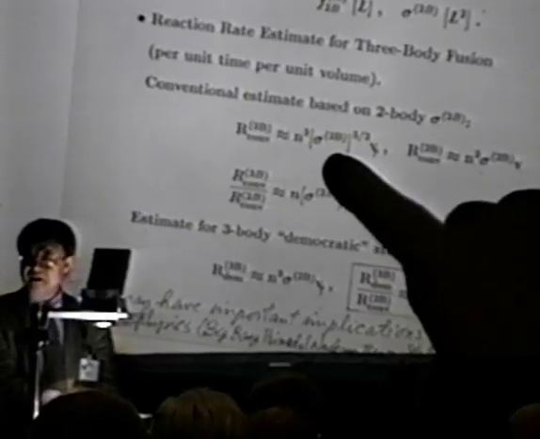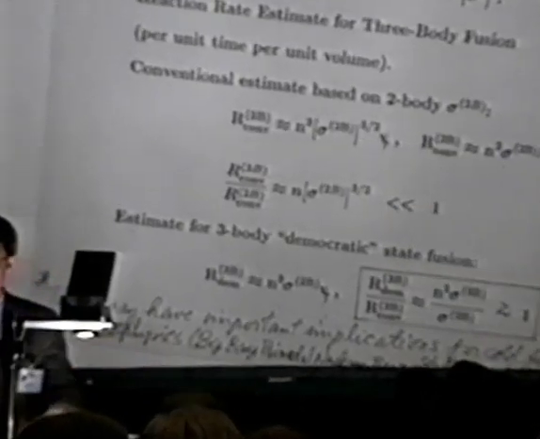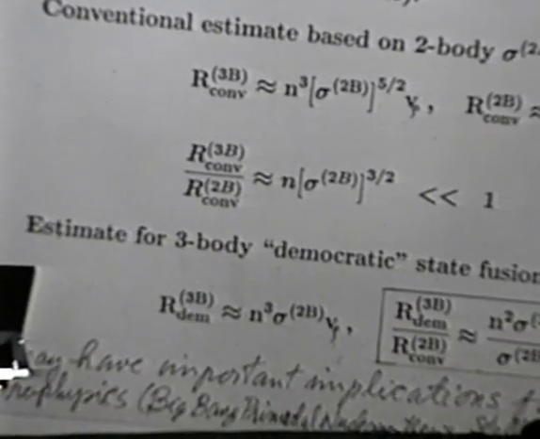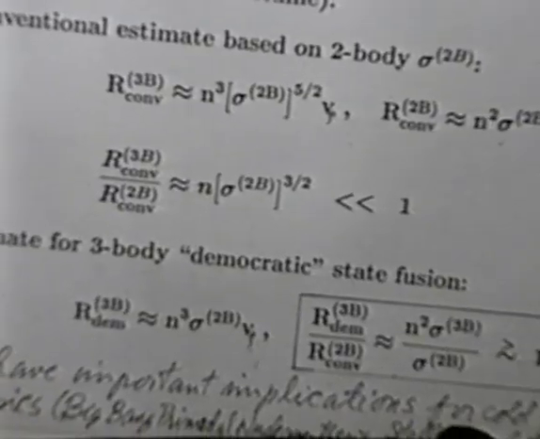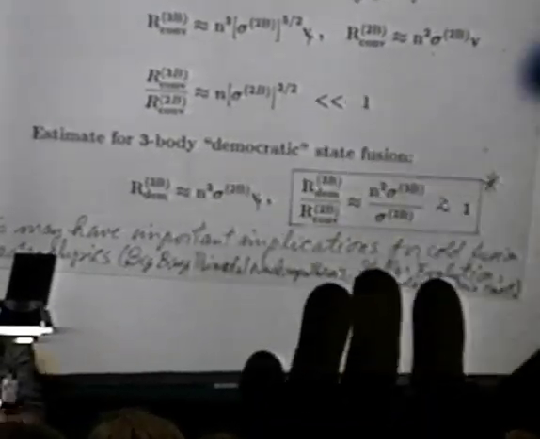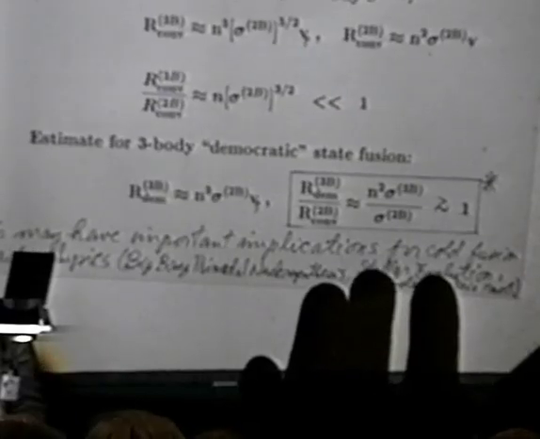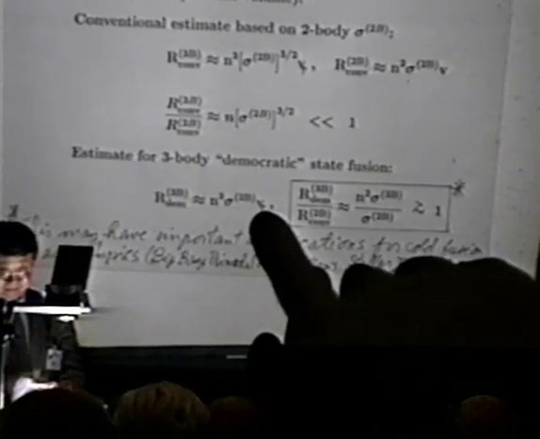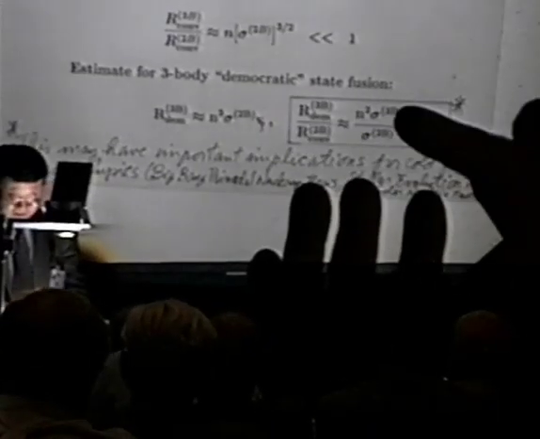And that essentially is the argument why, when people say three-body fusion is occurring, my colleagues say you are crazy. But if you go to the new true three-body state solution, then the formula becomes like that. And if the cross-section is comparable, then you gain by this density factor.